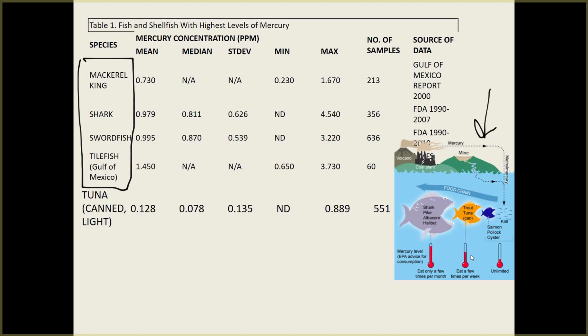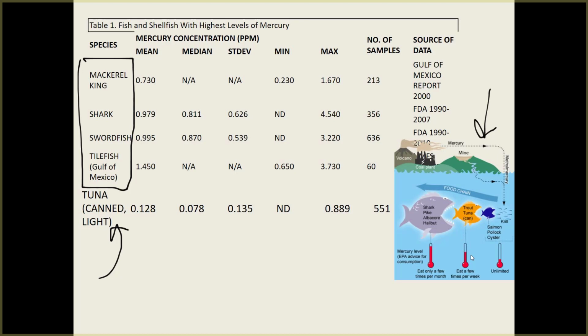It's advised that you either not eat these fish or you eat them really sparingly. Especially if you are a pregnant mother or a small growing child, and I consider teenagers a part of that, you should really limit your eating of these types of fish. I did put tuna here because for a lot of Utahns, this is where we get our fish, because we're so far inland.